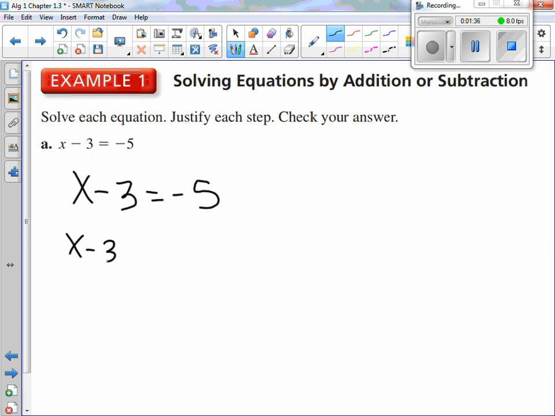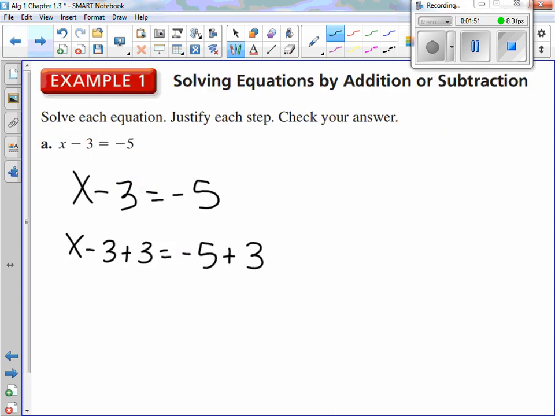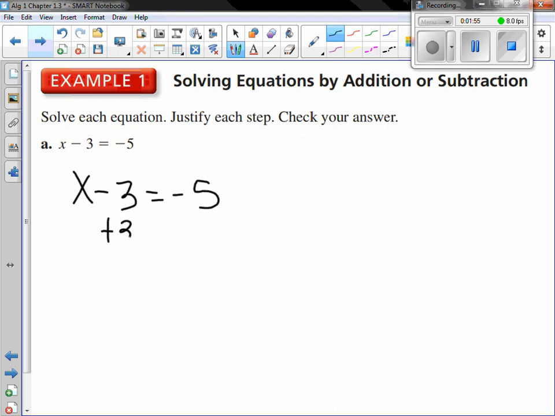So we're going to have x minus 3 plus 3, and negative 5 plus 3. We're going to add 3 to both sides, and this is how it would look using our addition property of equality. I'm just going to write plus 3 underneath both of these.